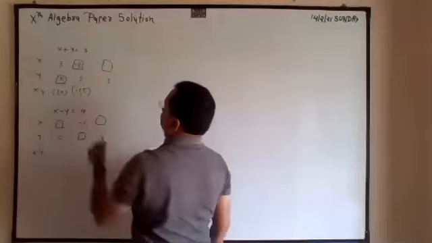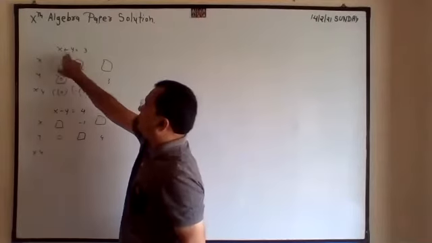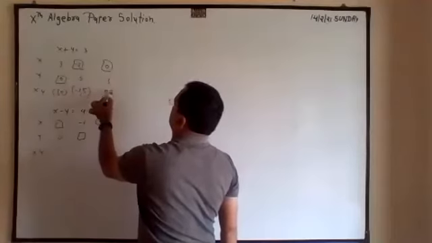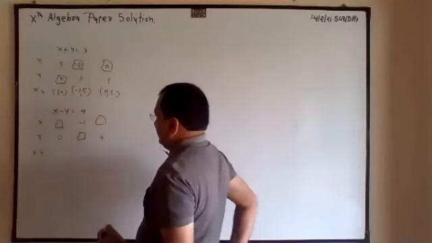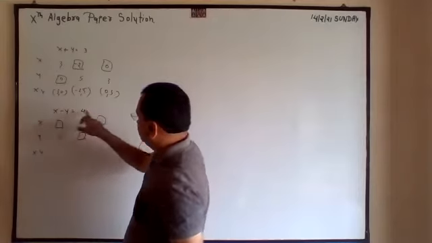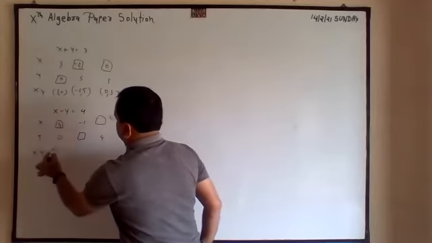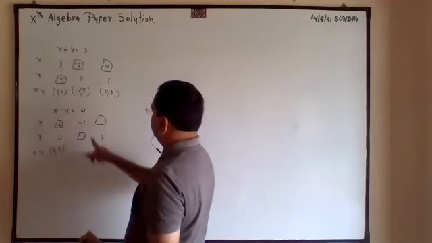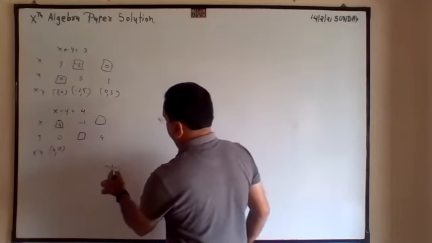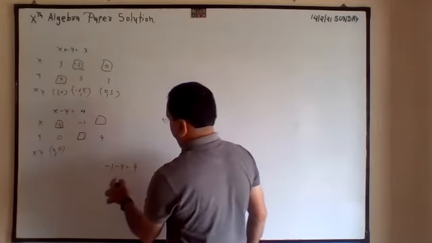x always first. y is equal to 3. 3 plus how much is equal to 3? 0. Now y is equal to 0, so x is equal to 4 directly. x is equal to minus 1. So minus 1 minus y is equal to 4.